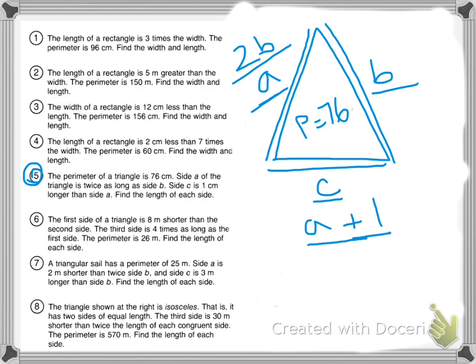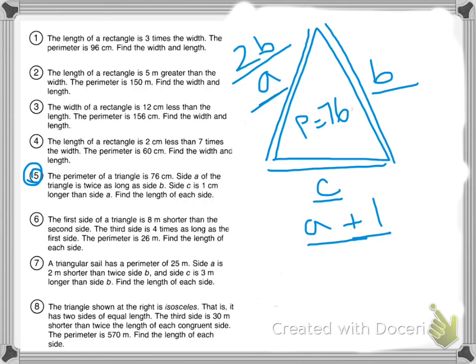Easy breezy. However, are all my sides in terms of A? No. Oh, no, they are not, because if you look, I only have an A here. I don't have an A here. I have no way of calling B an A. Okay, so that's kind of a problem, right? But let's take a look at this a little bit.